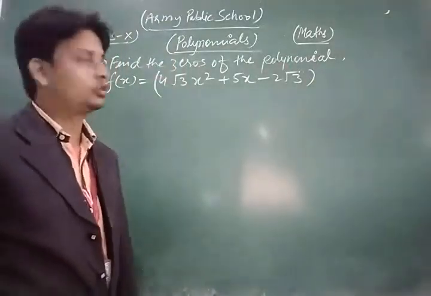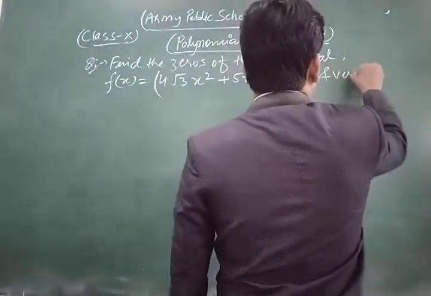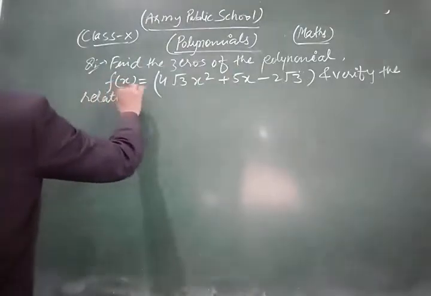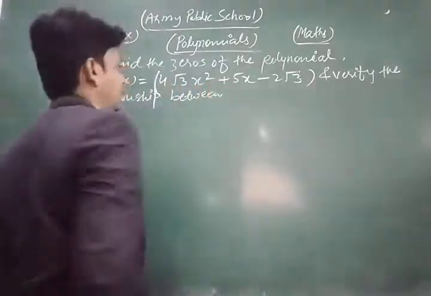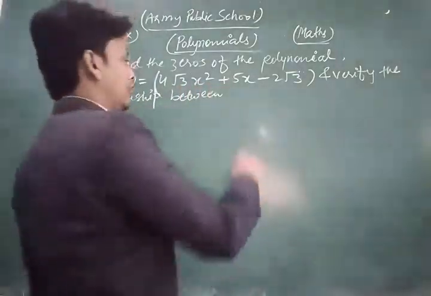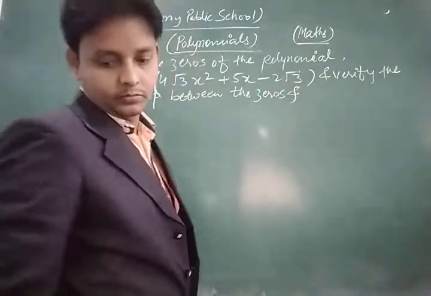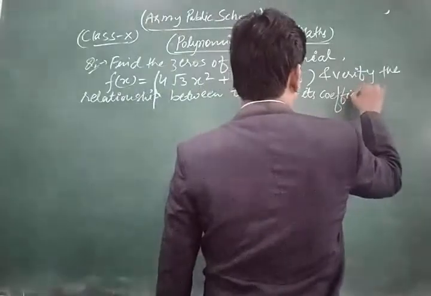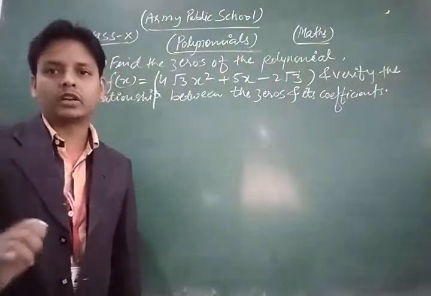Find the zeros of this polynomial and verify the relationship between the zeros and its coefficients. This is one of the most important questions.